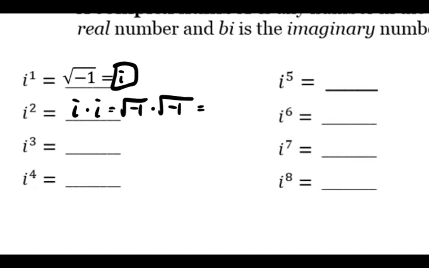If you don't know, let's try some ones that we do know. What about the square root of 4 times the square root of 4? It's going to be 4, right? Isn't this 2 times 2?